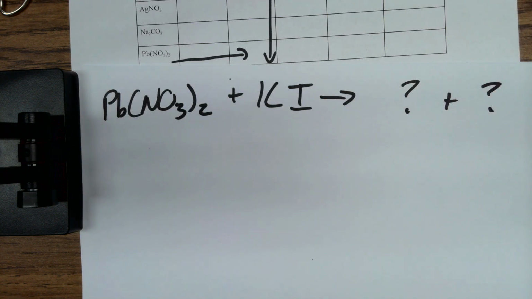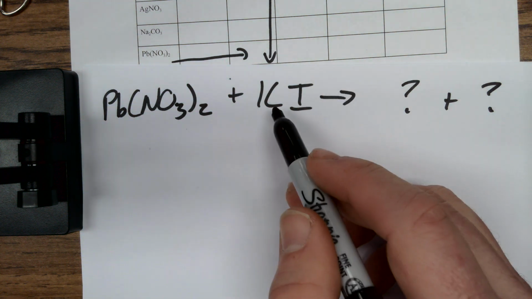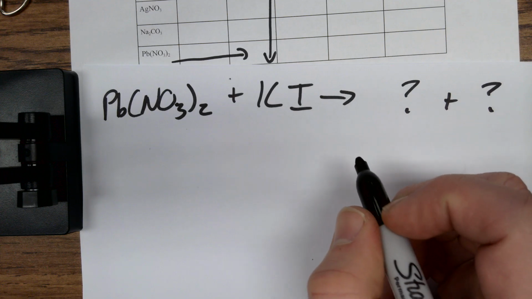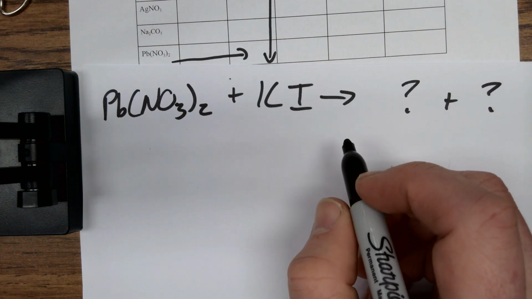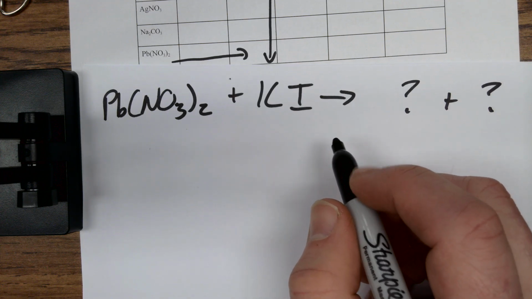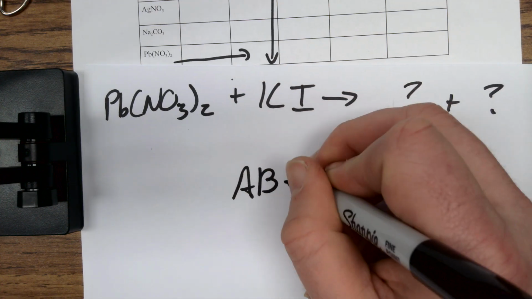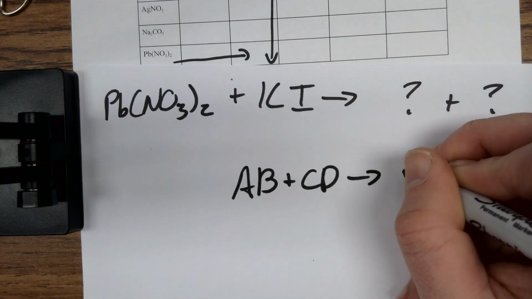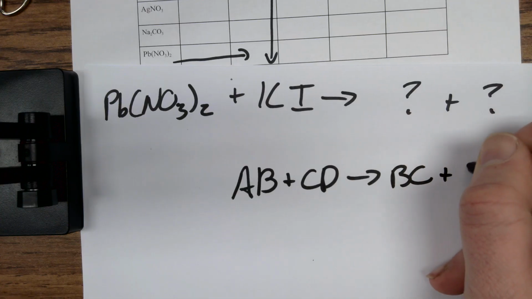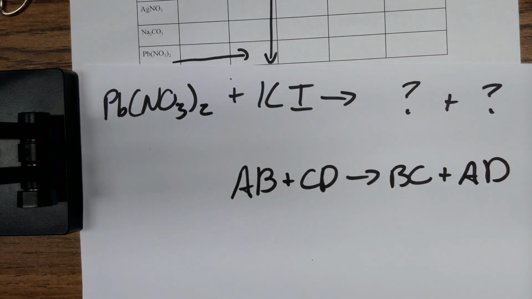If I follow my double replacement skeleton equation, AB plus CD equals BC plus AD, what is A on my reactant side? Is it the lead, the nitrate, the calcium, or the iodine? What's A here? If AB plus CD produces BC plus AD, what is A in my reactant side?